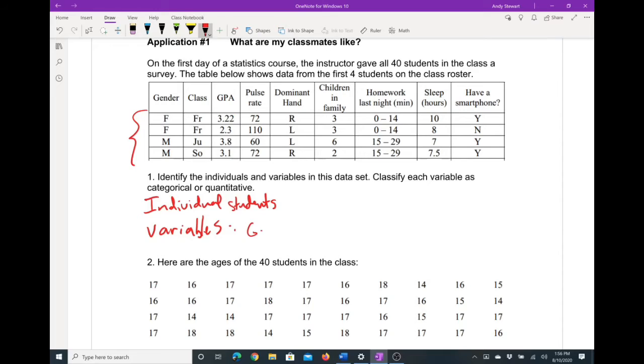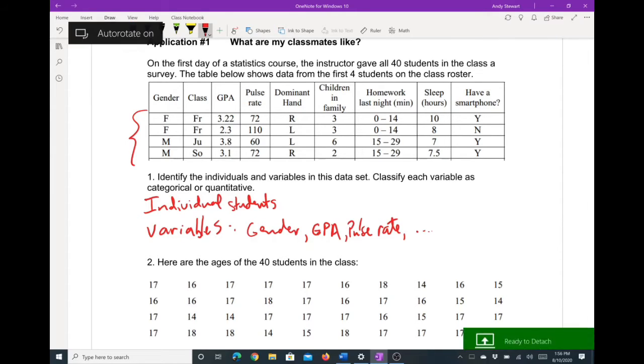So, for example, it lists gender, it lists GPA, pulse rate, how fast your heart's going, etc. Okay, now let's classify these variables.